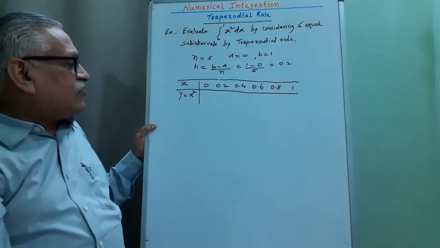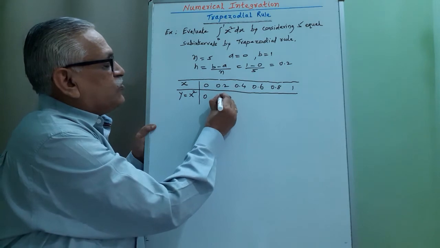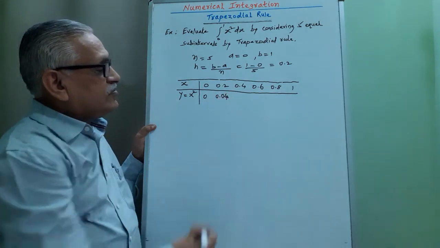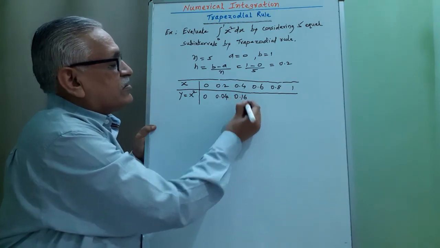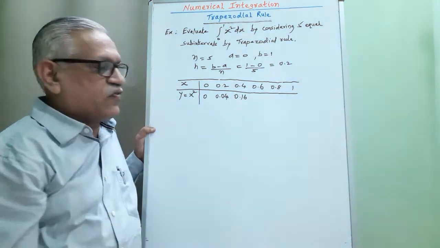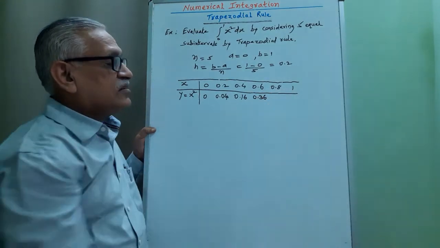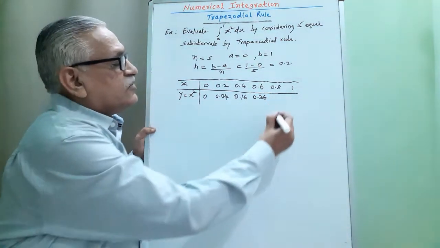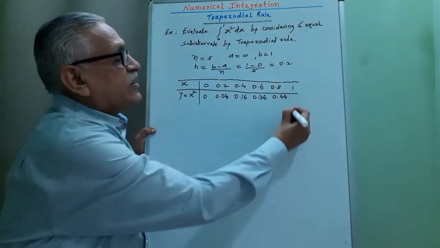And then corresponding values of y, 0 square is 0, 0.2 square is 0.04, 0.4 square is 0.16, 0.6 square is 0.36, 0.8 square is 0.64, and 1 square is 1.